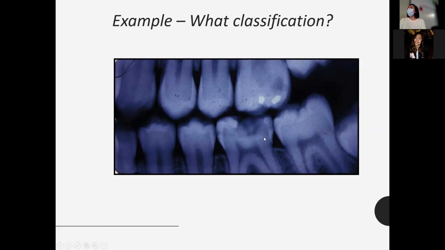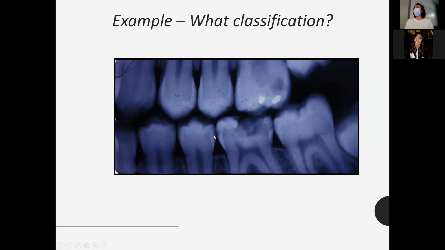Oh, 19. So this has a pretty big occlusal, and then you see the interproximals on either side. Well, I think it's backwards, because if we're looking at it this way and then we put it on our mouth, so it's 19, yeah.